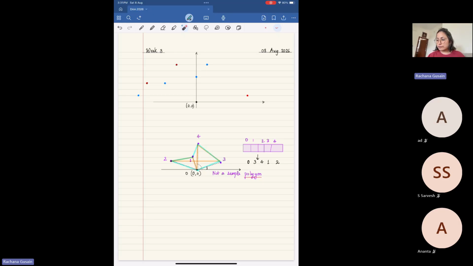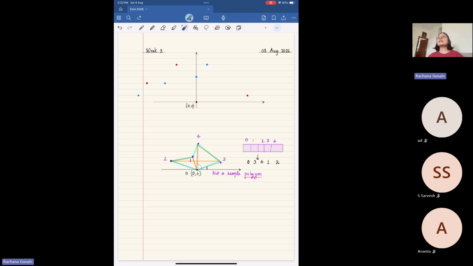So for instance, let's say I had just these 3 points. This is at index 0, this is at index 1, this is at index 2, then definitely it's going to be a simple polygon because 1 subtends a smaller angle in comparison to the point number 2. Also, if we had this at index 0, this one at index 1, that as index 2, again we would have got a simple polygon.